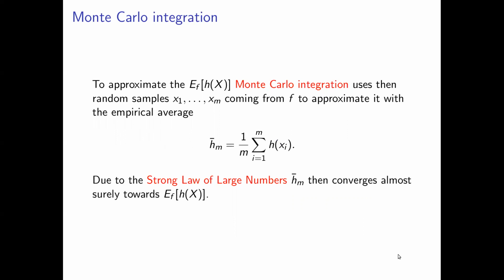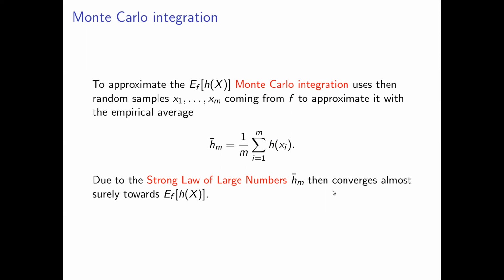So basically, Monte Carlo integration wants to approximate this expected value of h of x, and it does so by calculating the approximation of the expected value, which is the arithmetic mean.